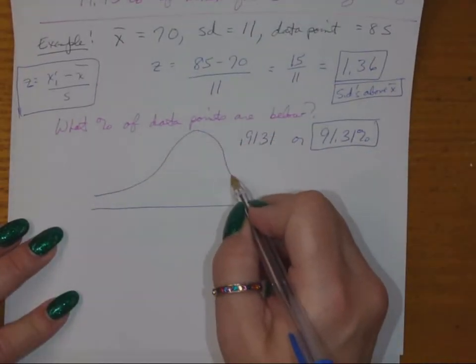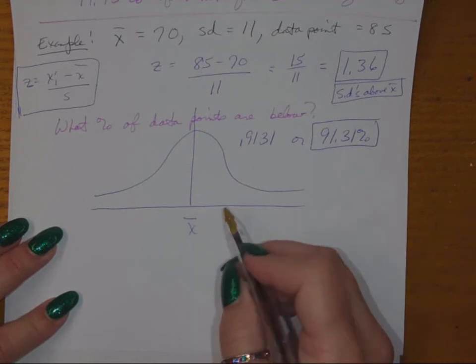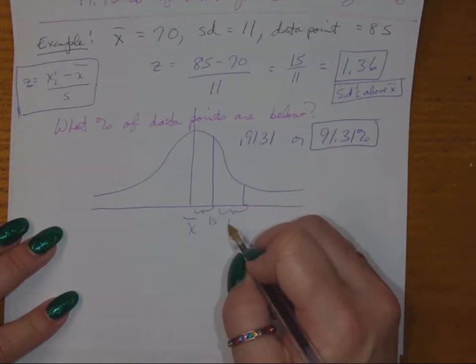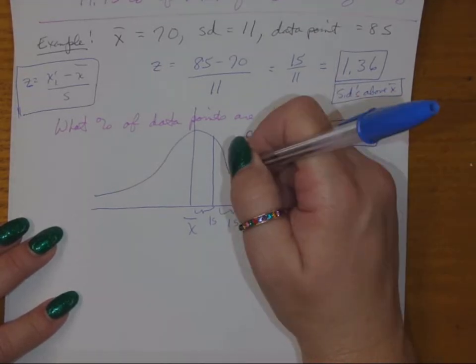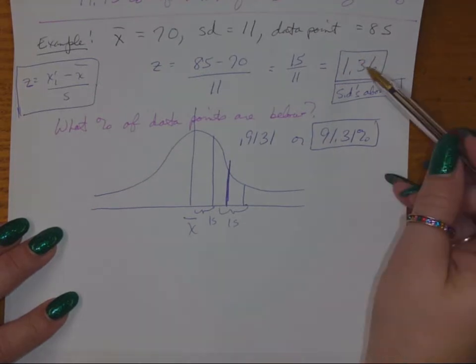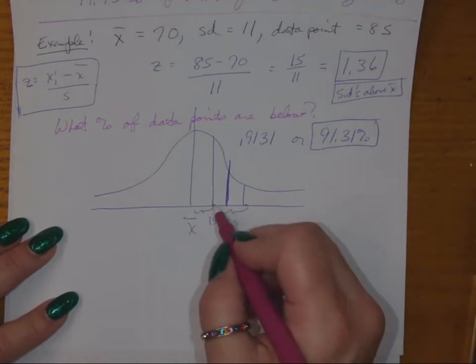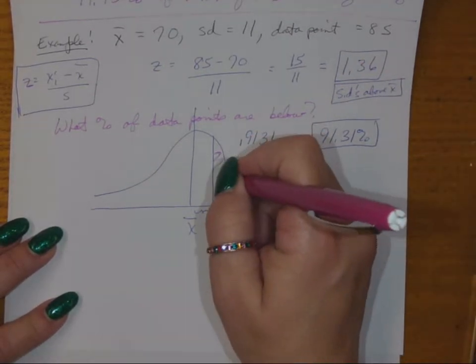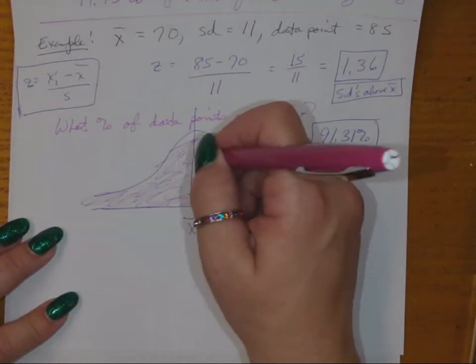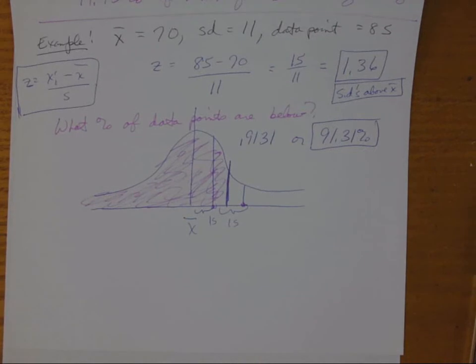Here's my x bar, this is one standard deviation, this is another. He's at 1.36, so he's somewhere between one and two standard deviations. All of this area down below is what's below him, so that's a pretty good chunk of my graph that I'm shading there.